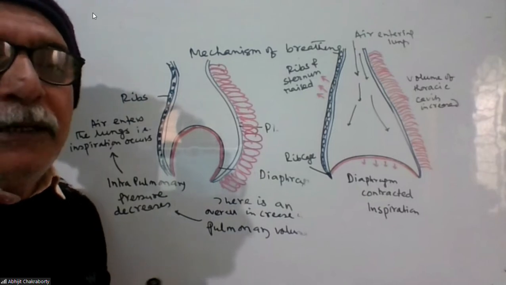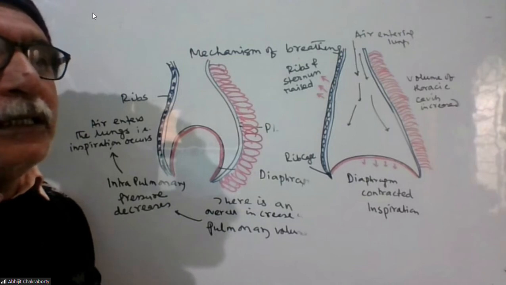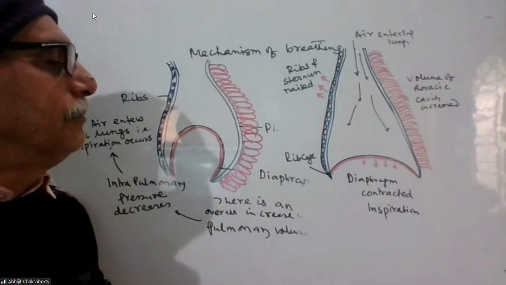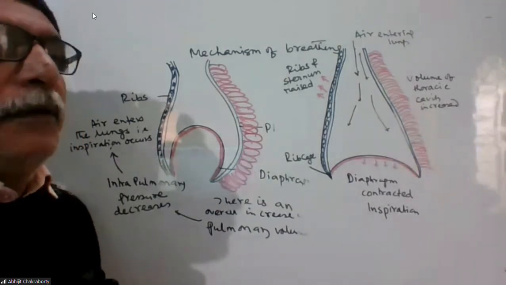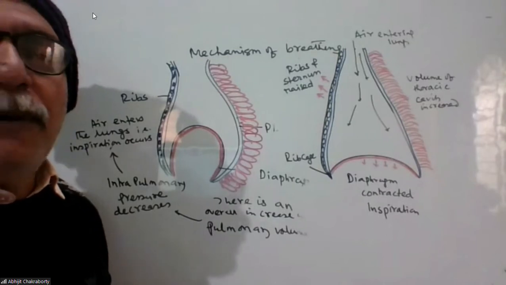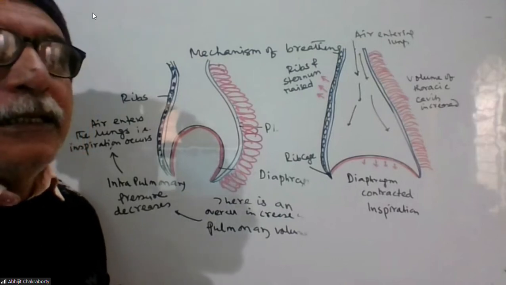Are you getting me? For normal expiration, no muscular contraction is required. So what happens here? You know, every contraction is followed by relaxation.